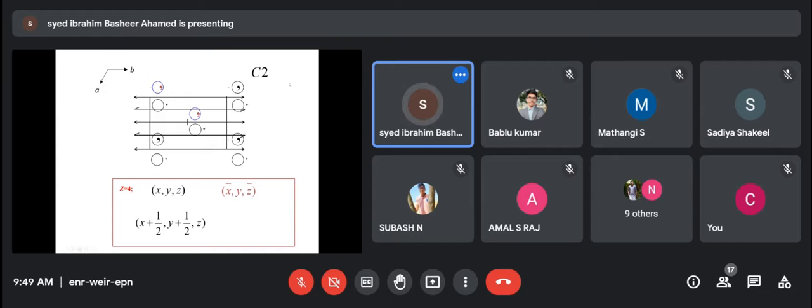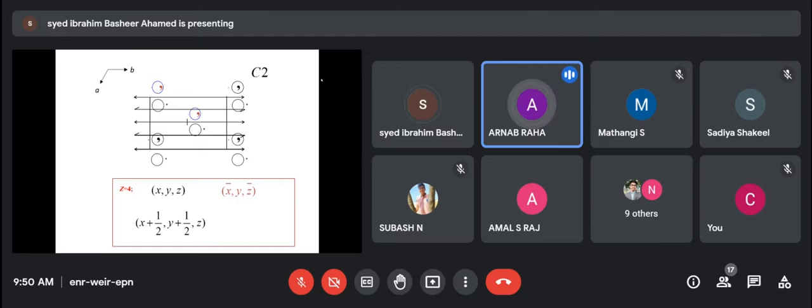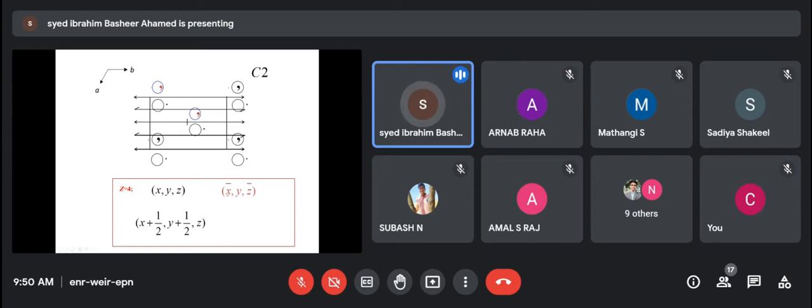Any other answer? Sir, is it X bar plus half, Y plus half, and Z bar? Very good. So same thing, whatever that you are applying here.